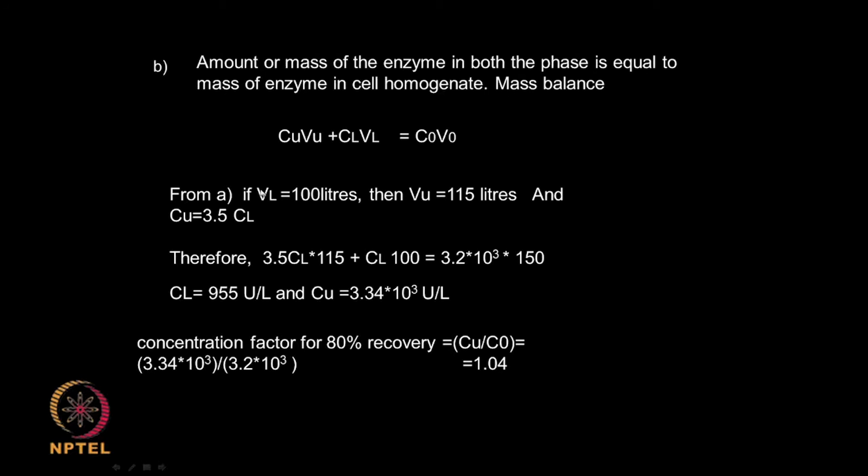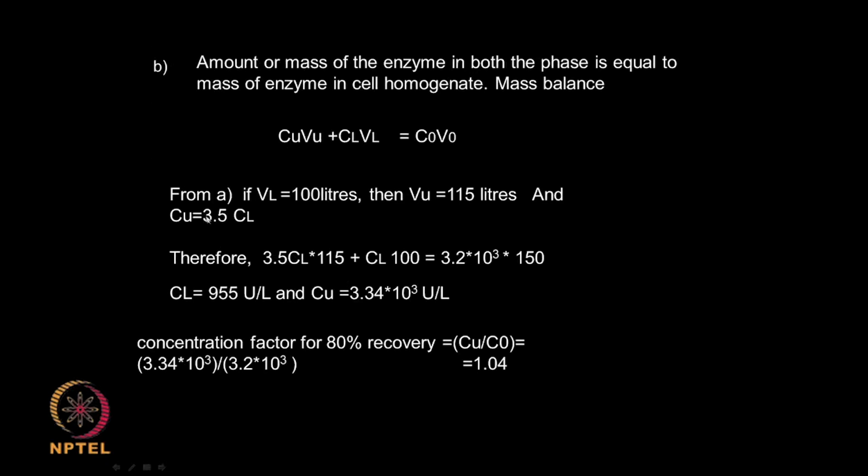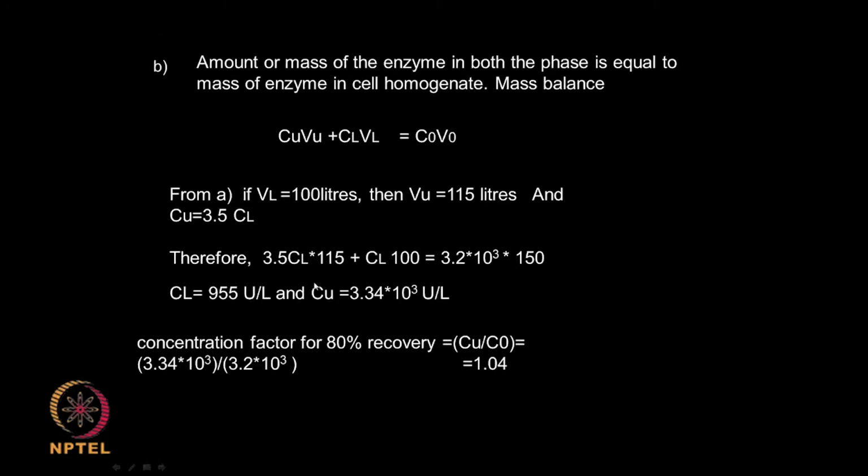So, you understand. We calculate VL from the first part, we know VU by VL is 1.15. So, we calculate VU. Now, Cu and Cl are related, okay, by this 3.5 into Cl, because the enzyme partition coefficient is 3.5. So, therefore, I substitute in this one. So, then I can get Cl and Cu, okay.